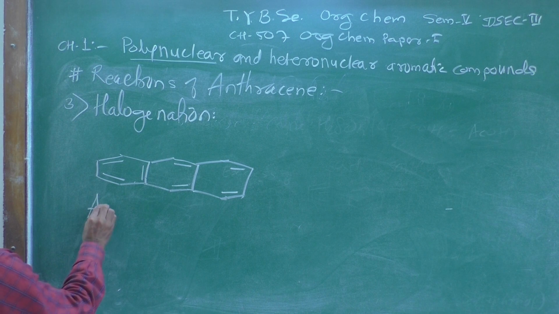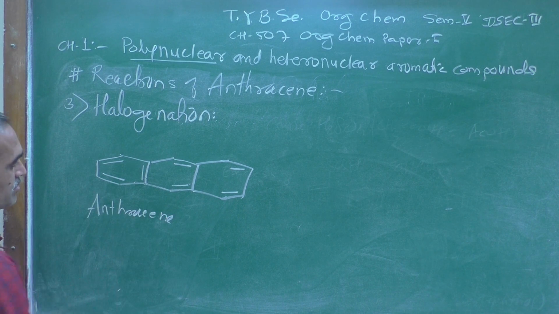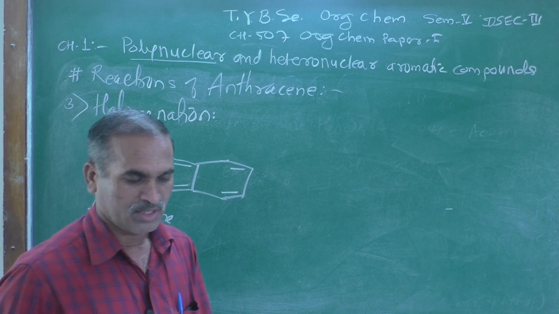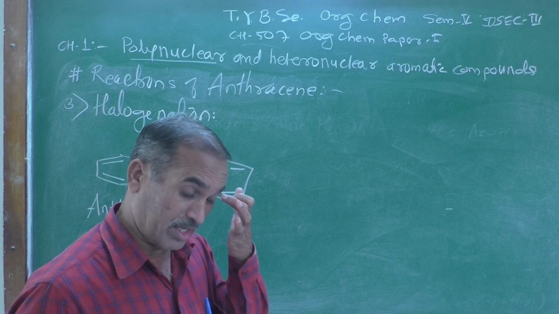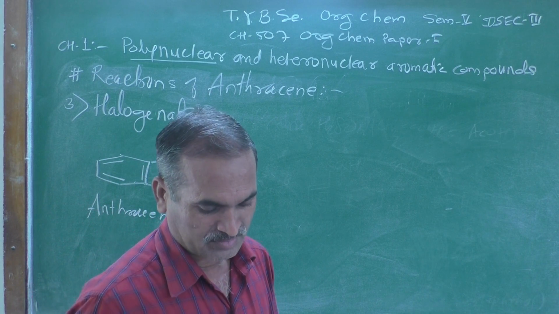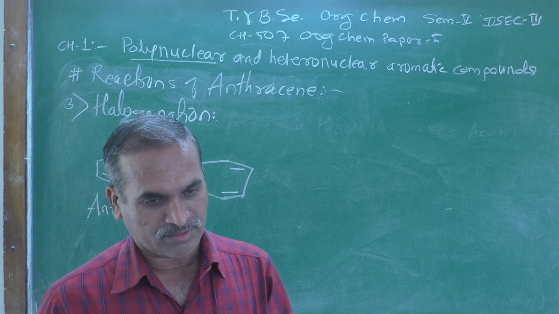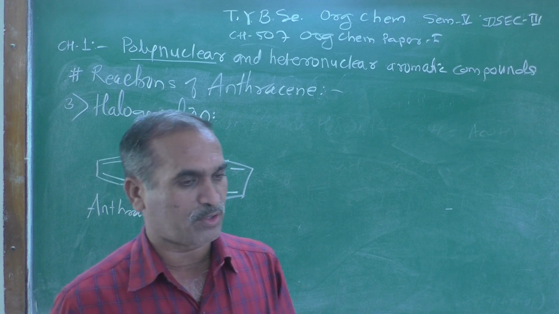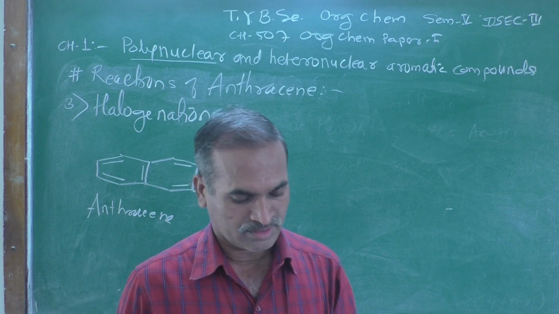This is the structure of anthracene, which has molecular formula C14H10. The number of carbon atoms present in anthracene is 14 and the number of hydrogen atoms is 10.